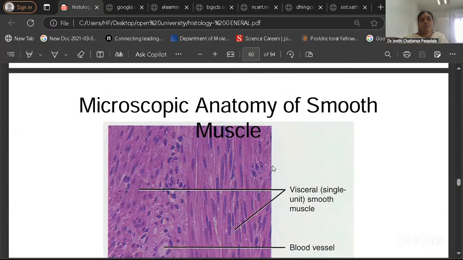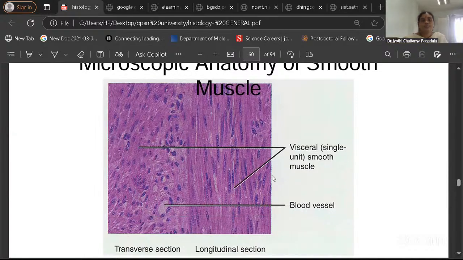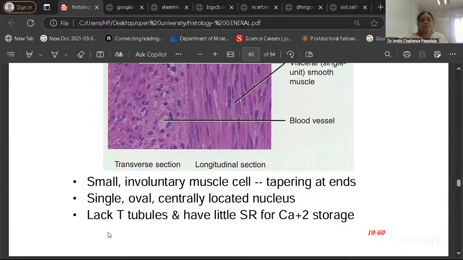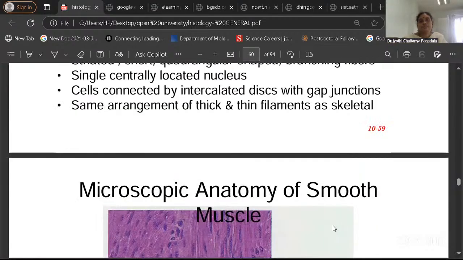Here the smooth muscle looks like a small involuntary muscle cell with tapering at the ends and a single oval, centrally located nucleus. Here you can see a lack of T tubules and little SR for calcium storage.